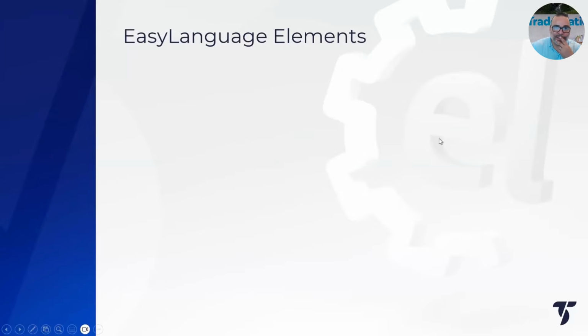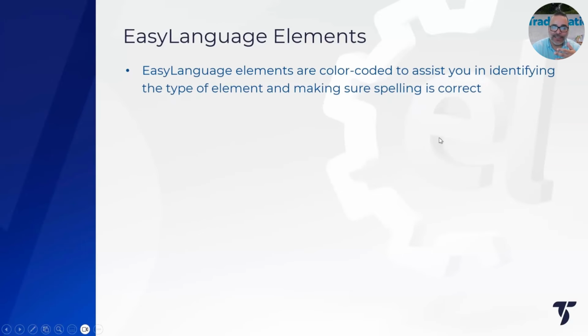First of all, some Easy Language elements. When you write Easy Language, you're going to see that words are color coded to assist you in identifying the purpose of those words. Some of the words are going to be black, meaning that they don't have any particular meaning. Some of the words are going to be purple, meaning that they're functions. Some of the words are going to be blue, meaning that they're reserved words.